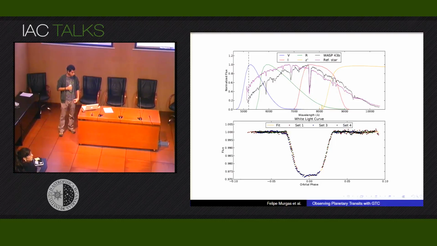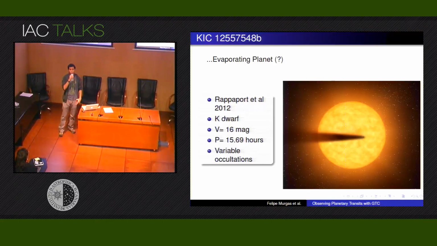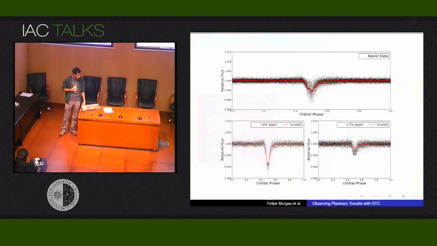I have a question about the Kepler object. You say that you see a change in the depth of the transit, but only in the depth. You cannot see, for instance, a change in the duration of the transit? As far as I know, no, there isn't a change in the duration. If you look at the Kepler data, it's more or less constrained.